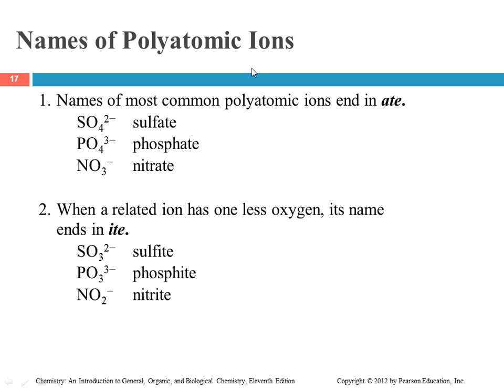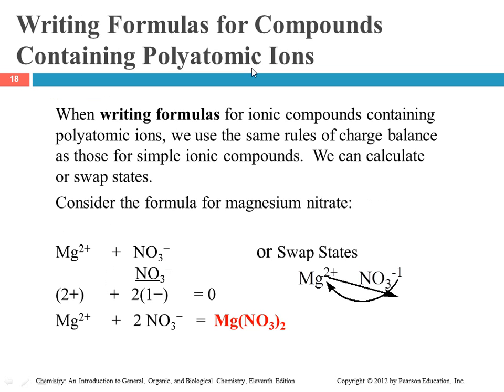If you have one less oxygen, look up here, we have SO4, we have 4 oxygens. Then we go down to 3, and now everything ends in ITE. So we have sulfite, phosphite, nitrite. So that's kind of a consistency. Some things aren't consistent, but for these, that helps if you were to have to memorize them.